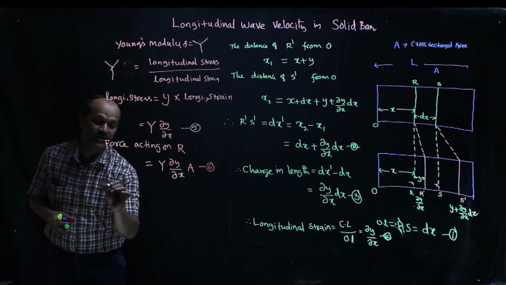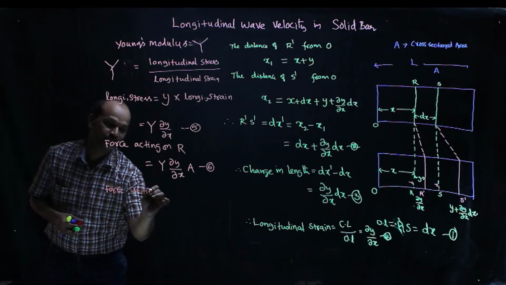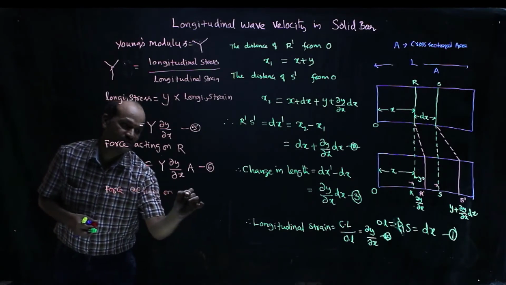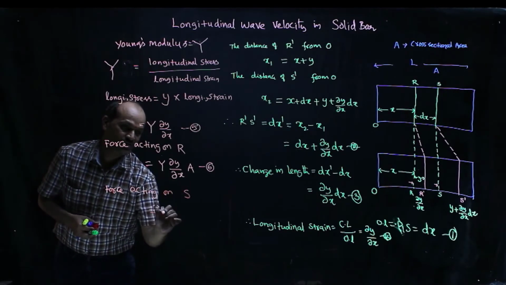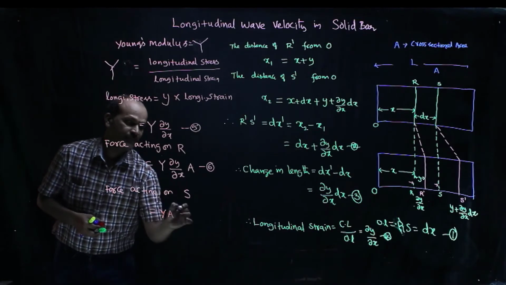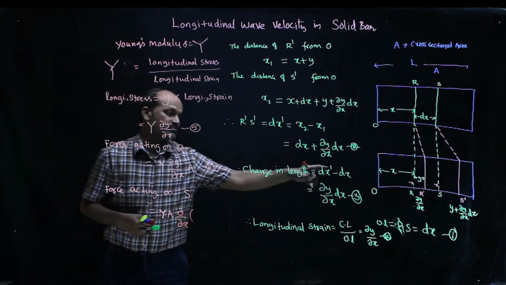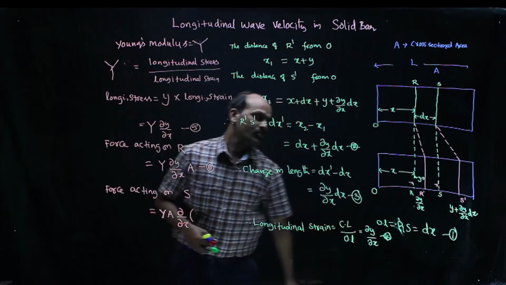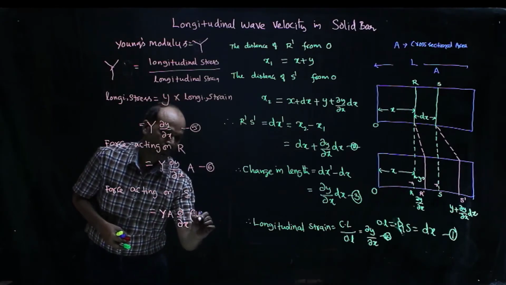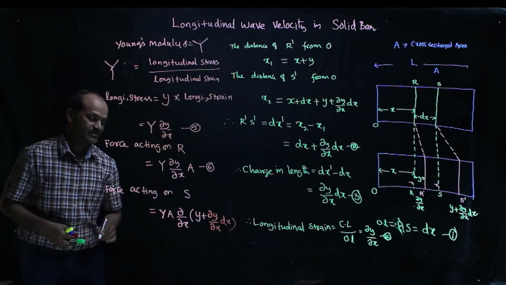Similarly, we can calculate the force acting on S. So force acting on S is Y into A ∂/∂x of what is the variation displacement here? That component y plus ∂y/∂x into dx, right?